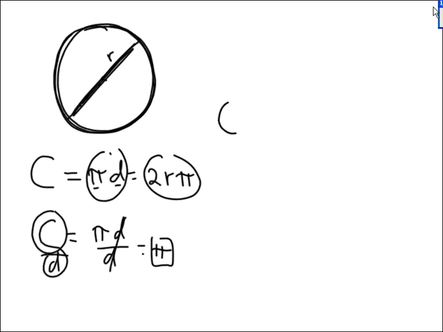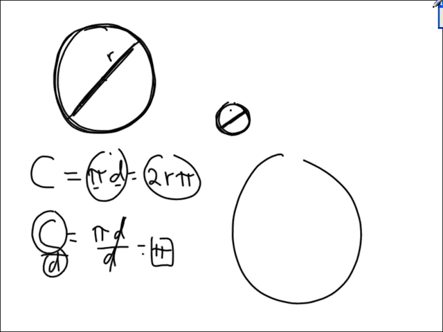Whether you have a small circle and hence a small circumference, if you divide it by the diameter, you'll get pi. If you take a very, very big circle, and you divide the distance around by the diameter, which crosses the center, you get pi. Every single time you get pi.